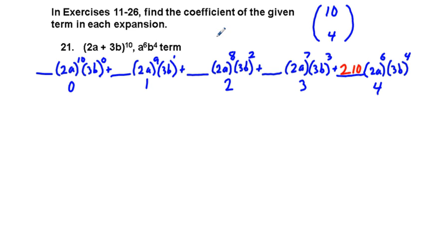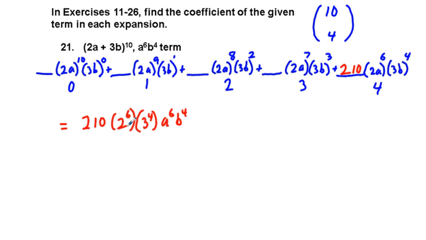So what we're going to get for our coefficient is quite a lineup. We're going to get this 210, and also this 2 to the 6th power from the 2a in parentheses, and times 3 to the 4th power, and then times, finally, a to the 6th, b to the 4th.